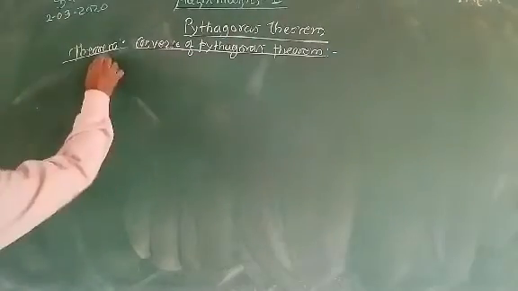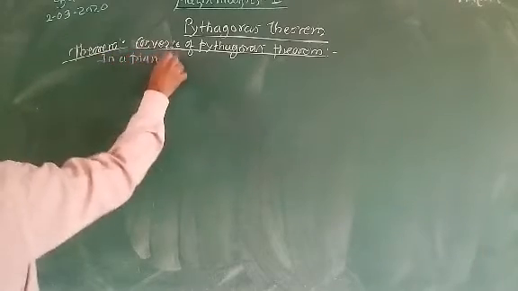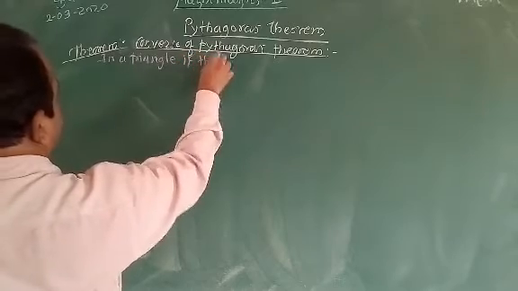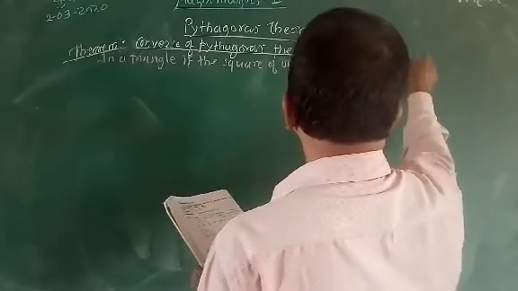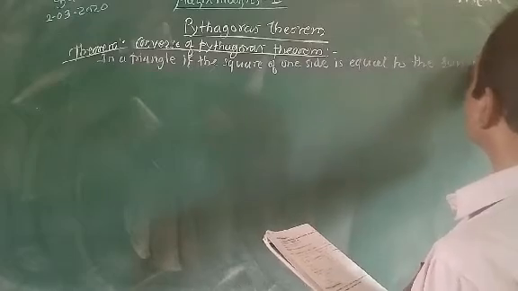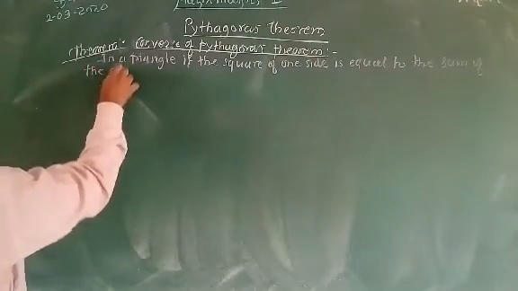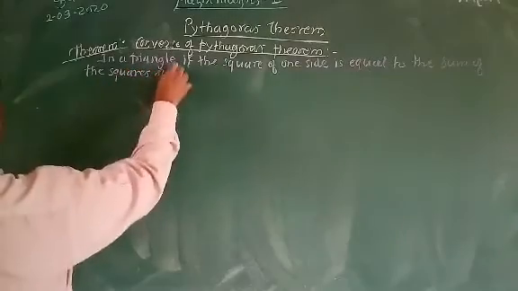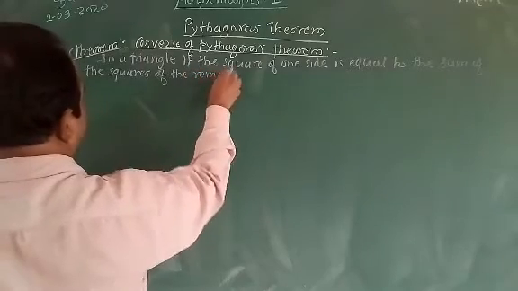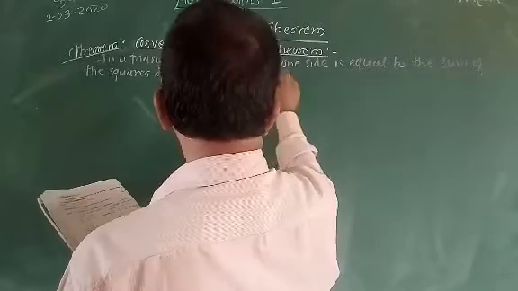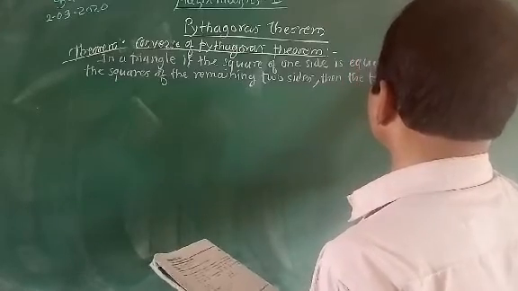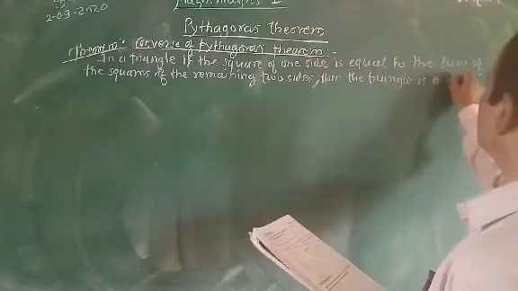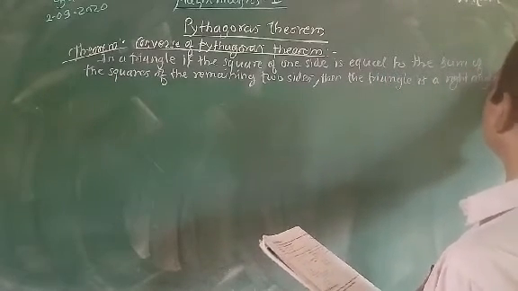In a triangle, if the square of one side is equal to the sum of the squares of the remaining two sides, then the triangle is a right angle triangle.